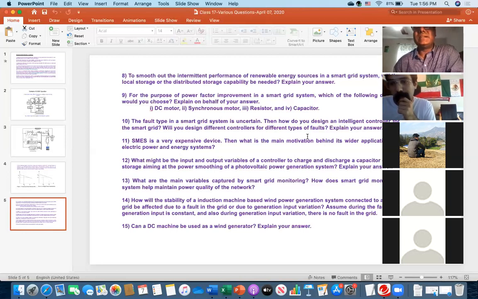The thing is that you can. For example, you take a common controller, and with the help of sensors and measurements, you can distinguish different conditions. But you need different types of parameters. When I say intelligent controller, that can be a fuzzy logic controller or a proportional integral controller.